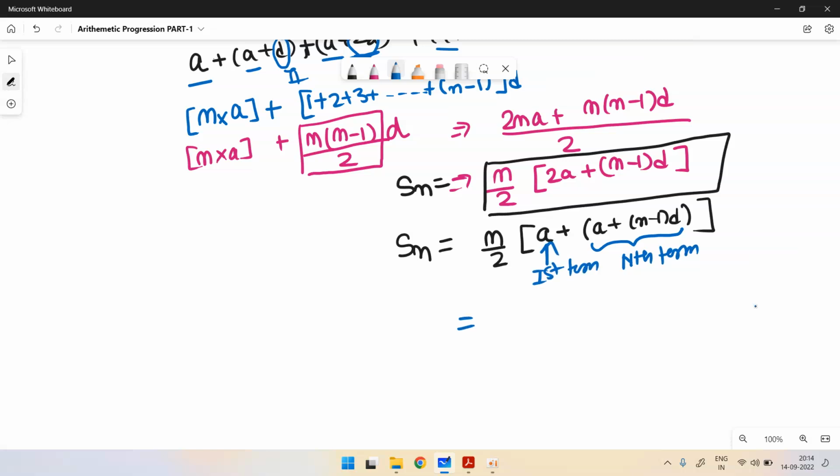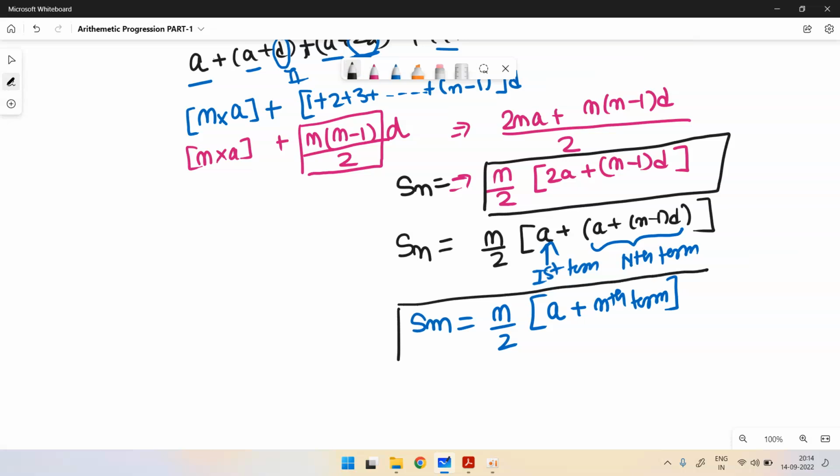So I can write it as n by 2 into (a plus nth term). This is the sum, represented by S of n. S of n is n by 2 into (a plus nth term). Sum of n terms is this.